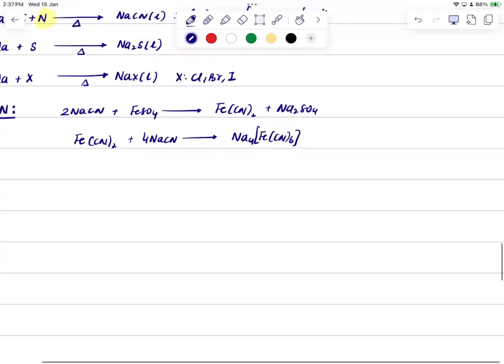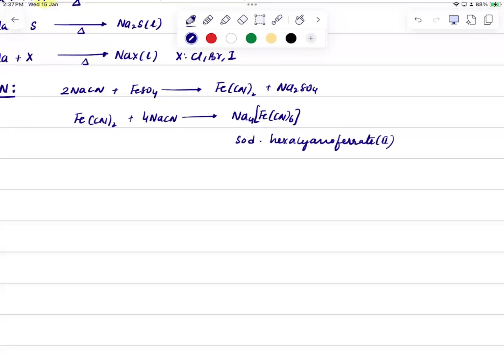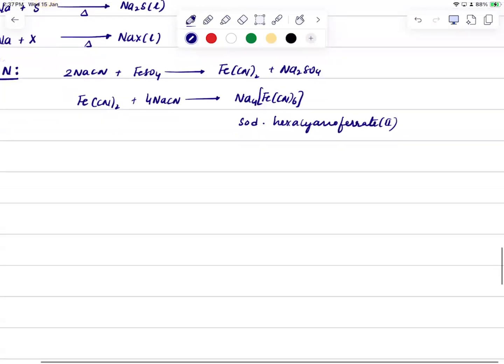Correct? This is sodium hexacyanoferrate(II). Then what you do here, you add some amount of concentrated H2SO4.